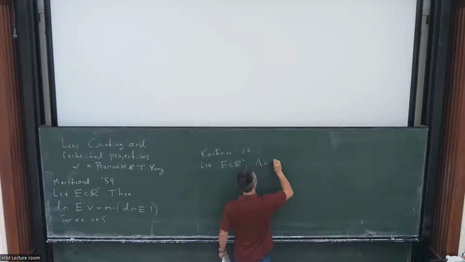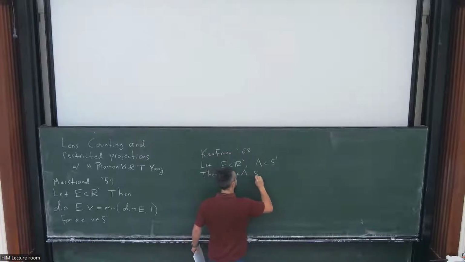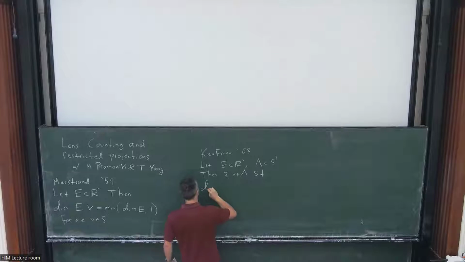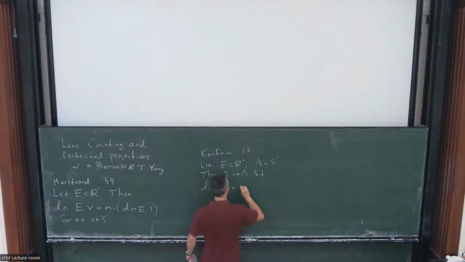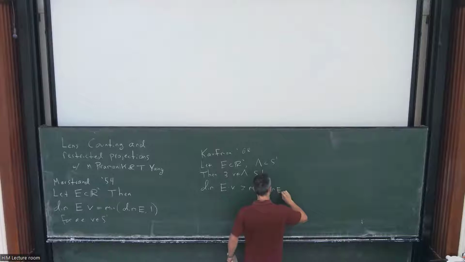So maybe I'll call this capital lambda. Then there exists a direction in lambda such that the dimension of the projection of E is at least as big as the minimum of the dimension of E and the dimension of lambda.